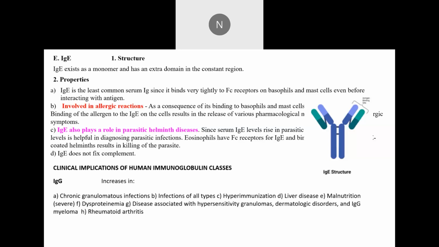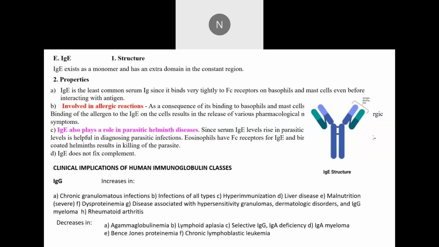Conditions where it decreases: agammaglobulinemia, lymphoid aplasia, selective IgA and IgG deficiency, Bence Jones proteinemia, and chronic lymphoblastic leukemia. In all these conditions, the level will go down.